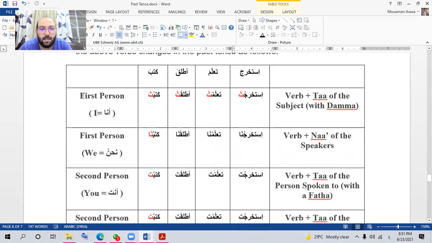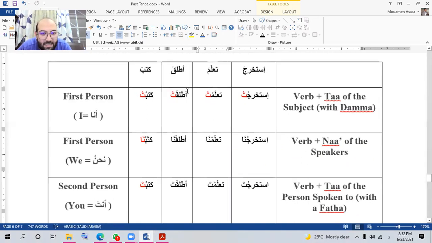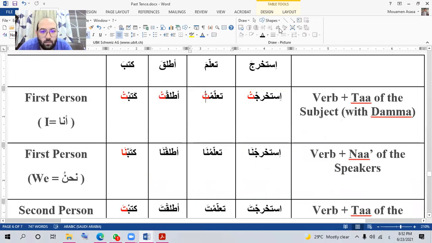What I mean is, if the verb uses the first person ana, we add ta at the end of the verb. This ta gives the meaning that I am the one who is doing the verb. In present, we add alif with hamza.